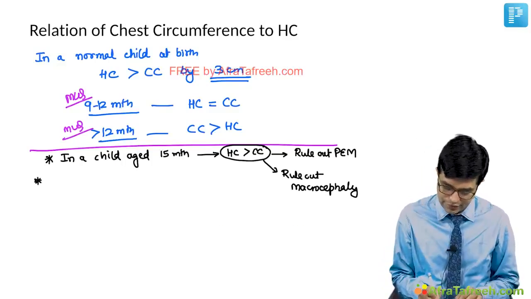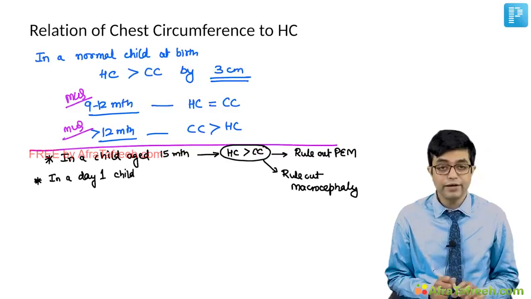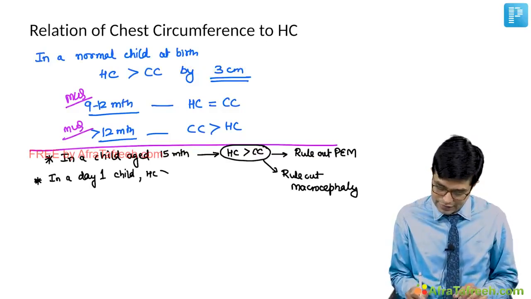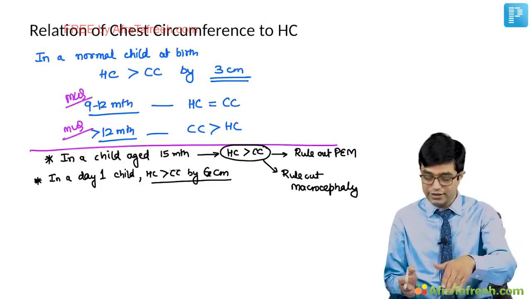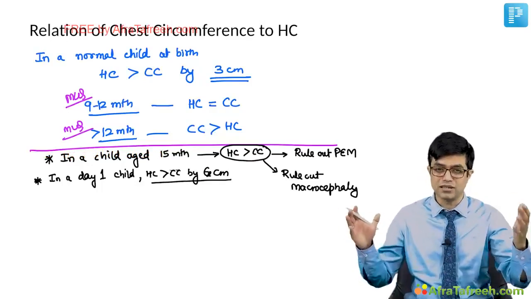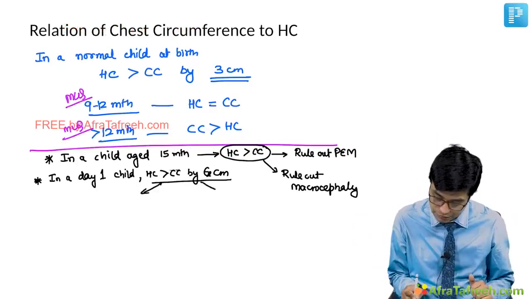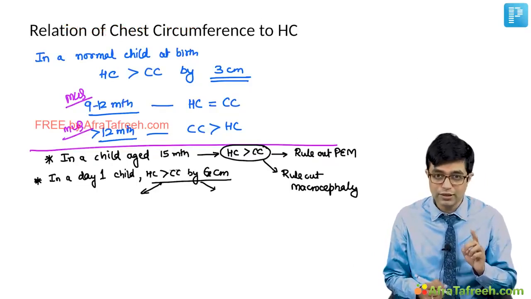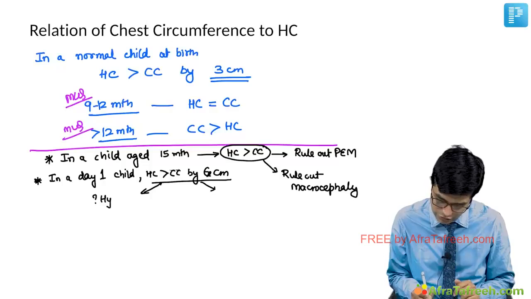Another scenario. In a day 1 child, head circumference exceeds chest circumference by 6 centimeter. What is your interpretation? Normally it should exceed by 3 centimeter. Here it is exceeding by 6 centimeter. Much larger head, much smaller chest. So what are the two possibilities? First possibility, the head is too big. So rule out hydrocephalus.